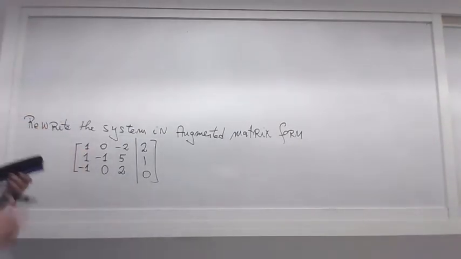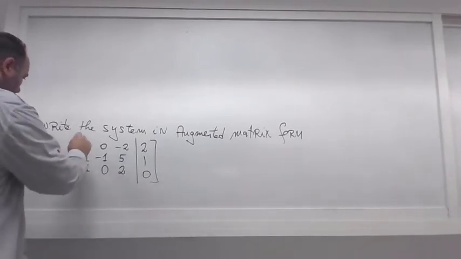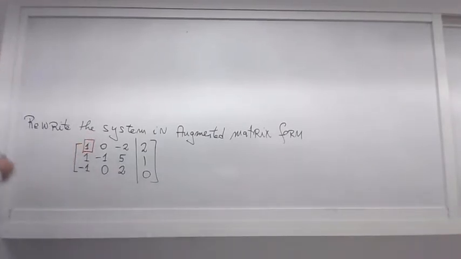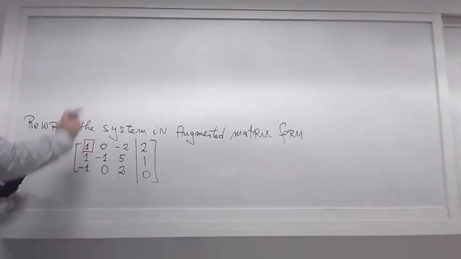My 1 is the leading entry, so I'll put it in red for fun. This is your leading entry. In your book it's also called a pivot, and the column containing the leading entry is called the pivot column, just another name to remember. If you don't, it's not a big deal. Just leading entry and then zeros below.